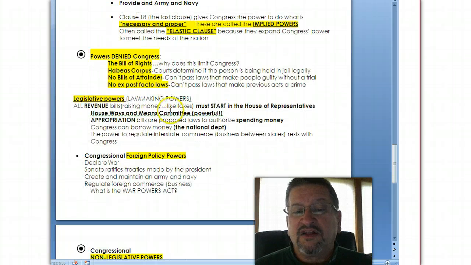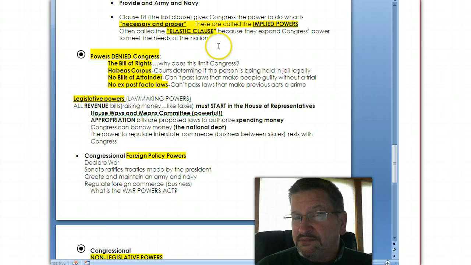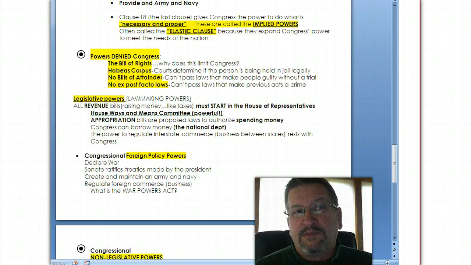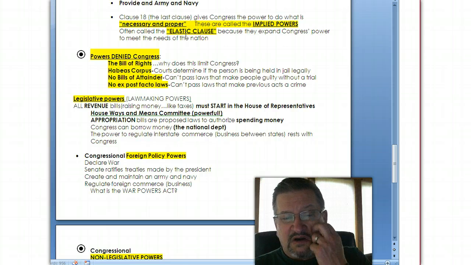But then we have Clause 18, which opens up and empowers Congress, and that's called the Necessary and Proper Clause. It says that Congress can do what's necessary and proper to run the country, and that implies certain powers, and it stretches or elasticizes the powers of Congress. It makes them much stronger.